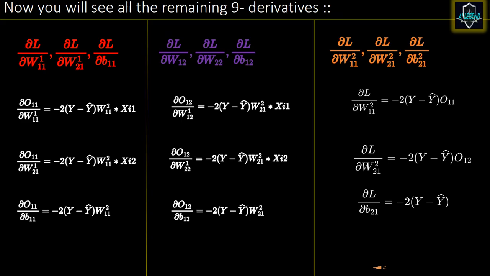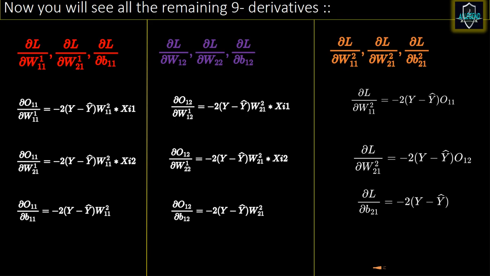Now you can see all the derivatives in the figure. Del L over del W1 is equal to minus 2 times of y minus y hat multiplied by W2 xi1. This is the first term.